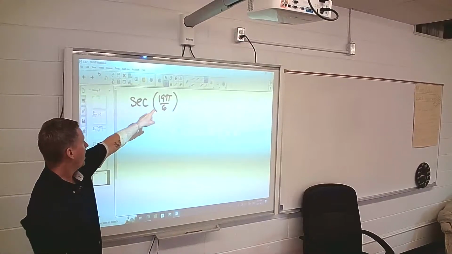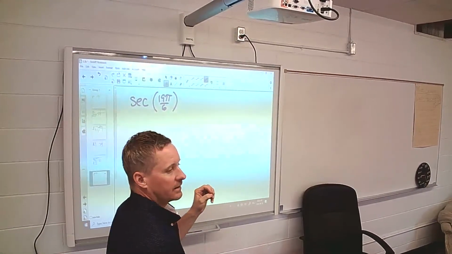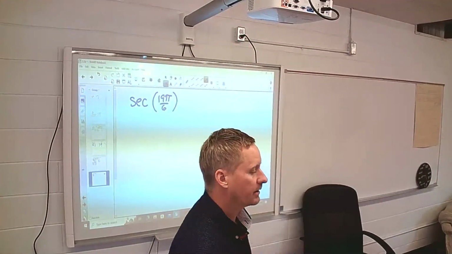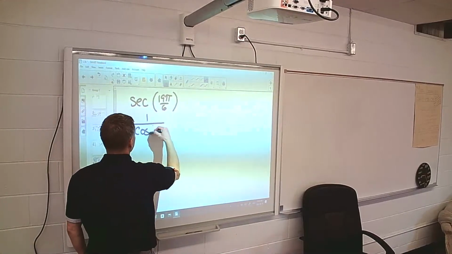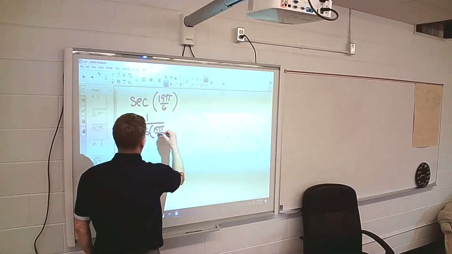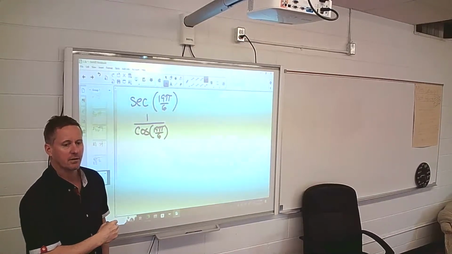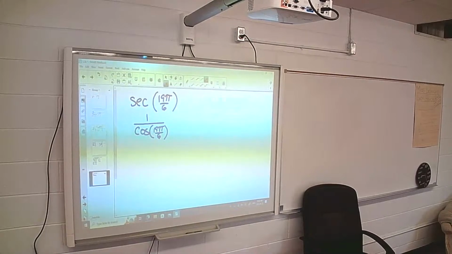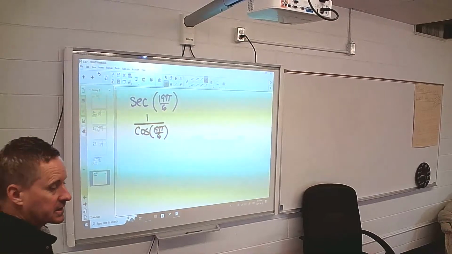So, I'm stating that because what is secant as a reciprocal function? It is 1 over the cos of 19 pi over 6. Watch the board. It's not 1 over 19 over 6. It's 1 over the cos of 19 pi over 6.